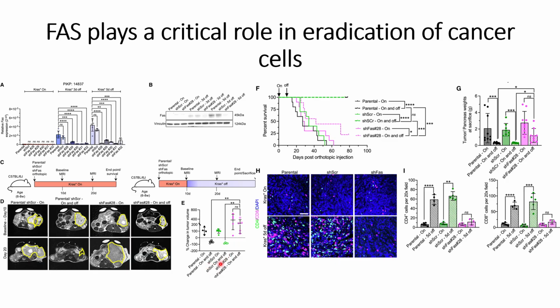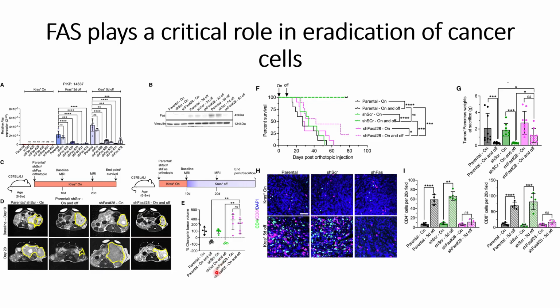In the fourth case, when the KRAS mutations are off and the scrambled short hairpin RNAs are used, as soon as the KRAS mutations are off, we see the increase in the FAS receptors that will cause tumor death, or apoptosis of the tumor, and leads to the decrease in the tumor volume.